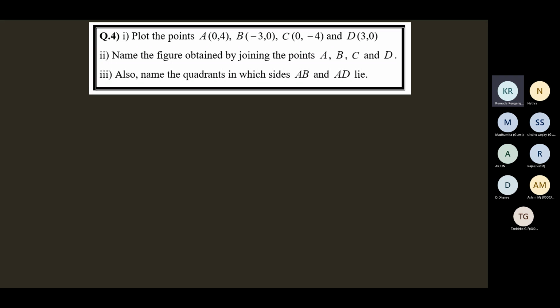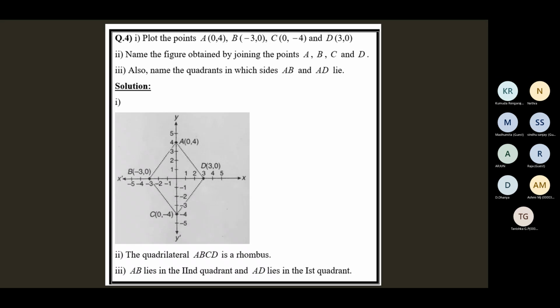First task is to plot the points A, B, C, and D. Then you'll have to join the points A, B, C, and D and name the figure, and also name the quadrants in which the sides AB and AD lie. See here, 0, 4.